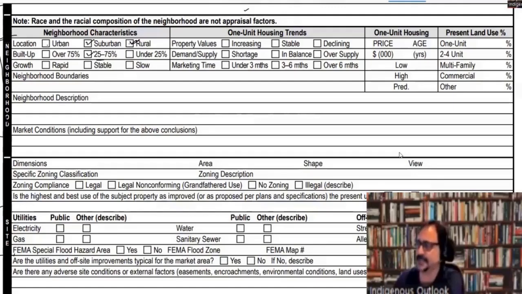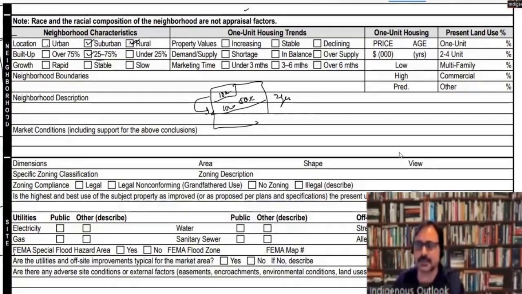If we see a rural area where only 10 houses were there, and now it's 100 within the last 2 years, what can we say about the growth rate? Oh my God, 10 to 100. Almost 50% has been occupied within the last 2 years, 24 months. So it is rapid growth.